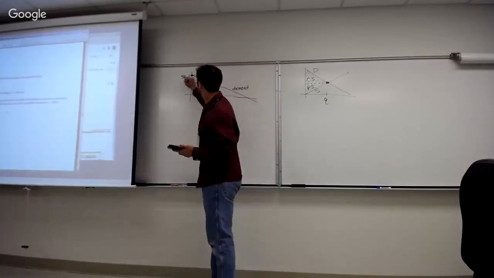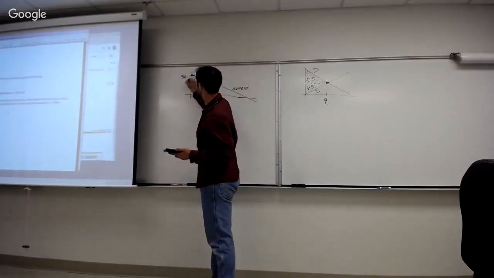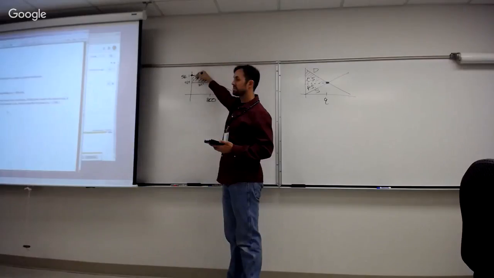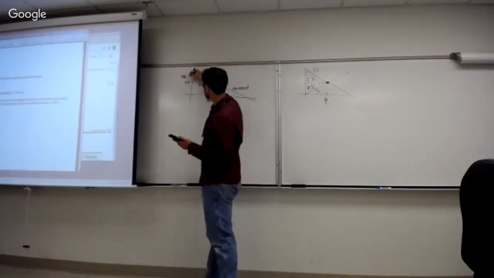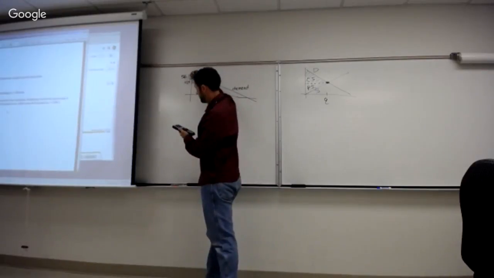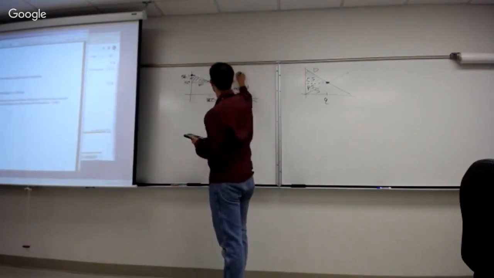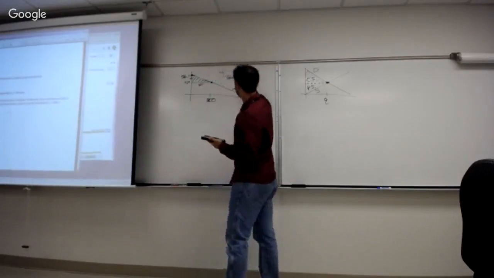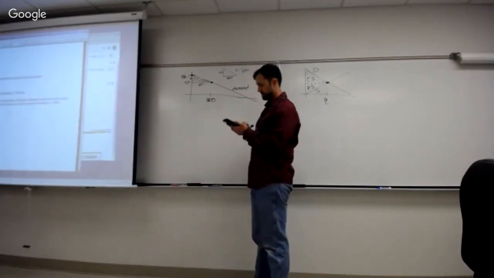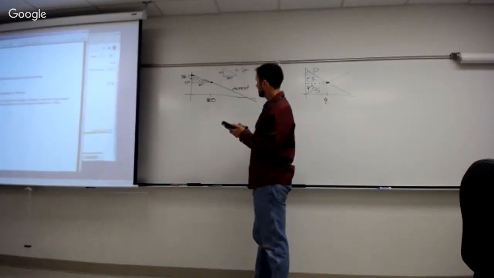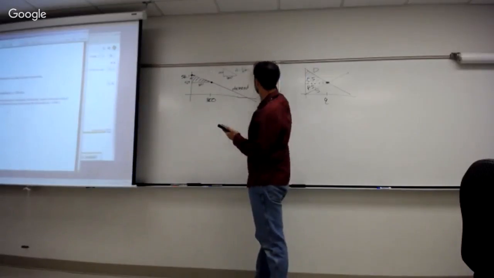That's 42.5 right there. Now do I know how tall the triangle is? Yeah, 56.1 minus 42.5. So the height is actually 13.6. So what I have here is a triangle whose height is 13.6 and width is 800. And therefore the area of a triangle is 1/2 base times height, which is 0.5 times 13.6 times 800, which is 5440.